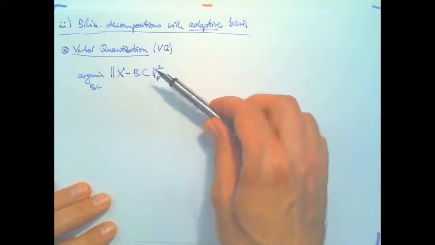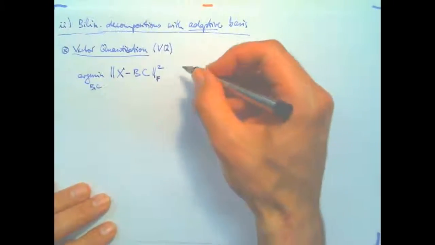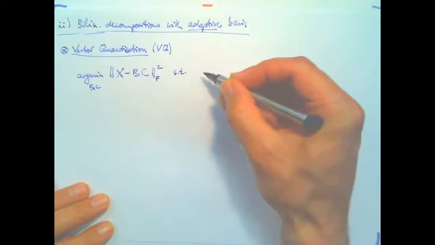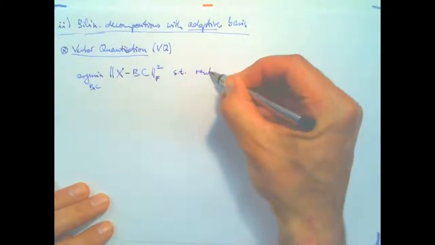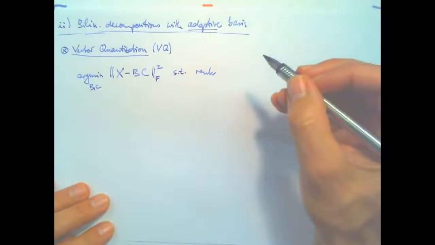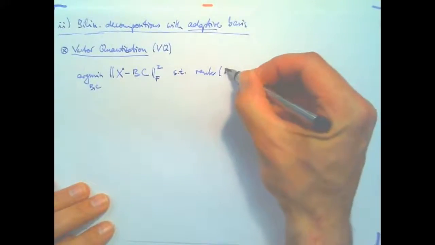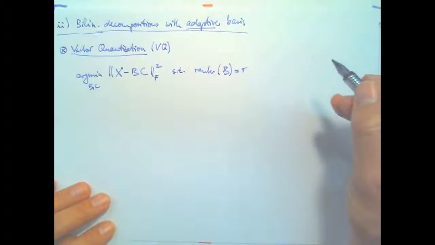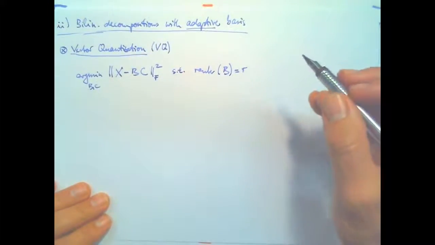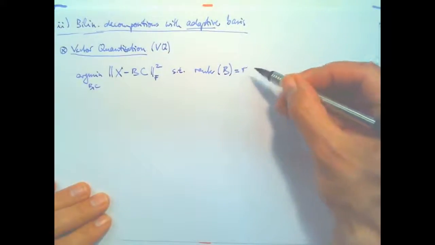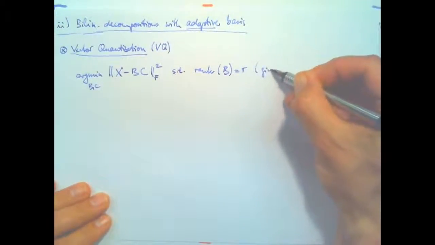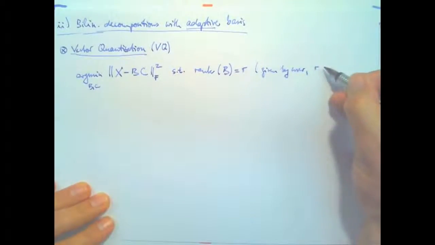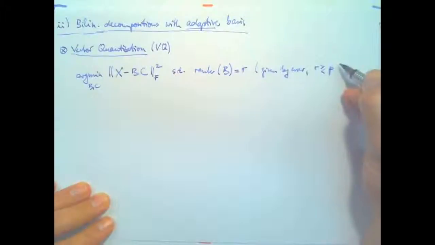So I need to give additional conditions. And one of them is the following. I want to specify the number of code vectors. So I can say that the rank of my matrix B should be no larger than some value R. And this value R is given by the user. And it can be larger or smaller than the dimensionality.